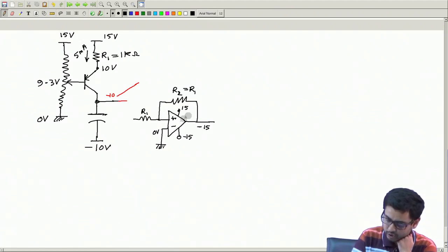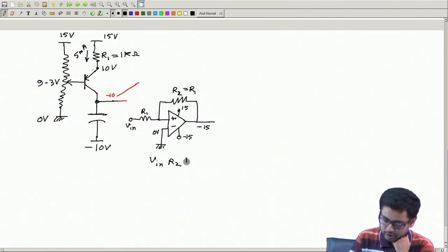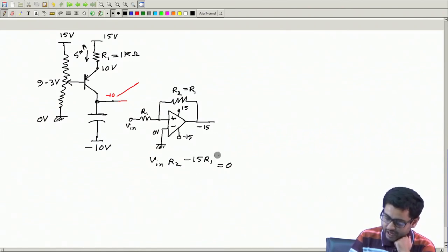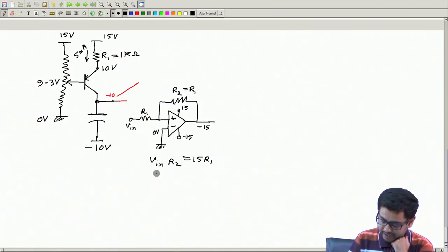the output will change. So if this is V in, the boundary condition is V in R2 minus 15 into R1 divided by R1 plus R2, this should be equal to 0. So from this I can write the threshold for switching to positive.